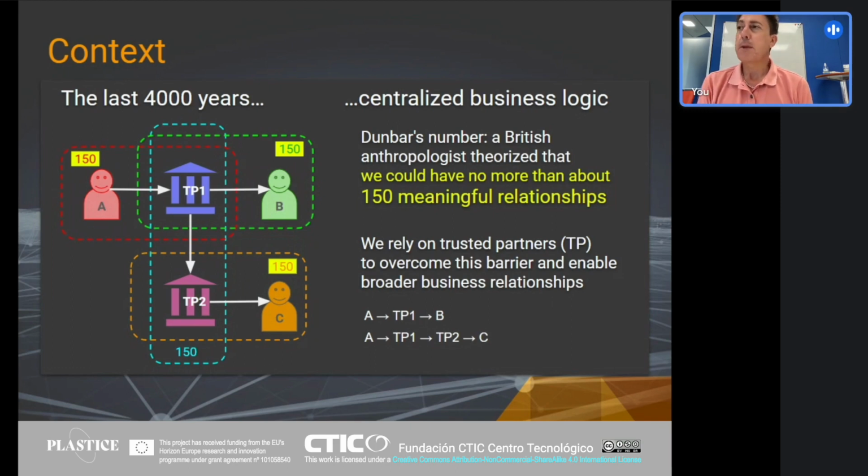Obviously, you can have many more friends on Facebook, for instance, but really you can only tell more or less your brain can handle about 150 relationships.